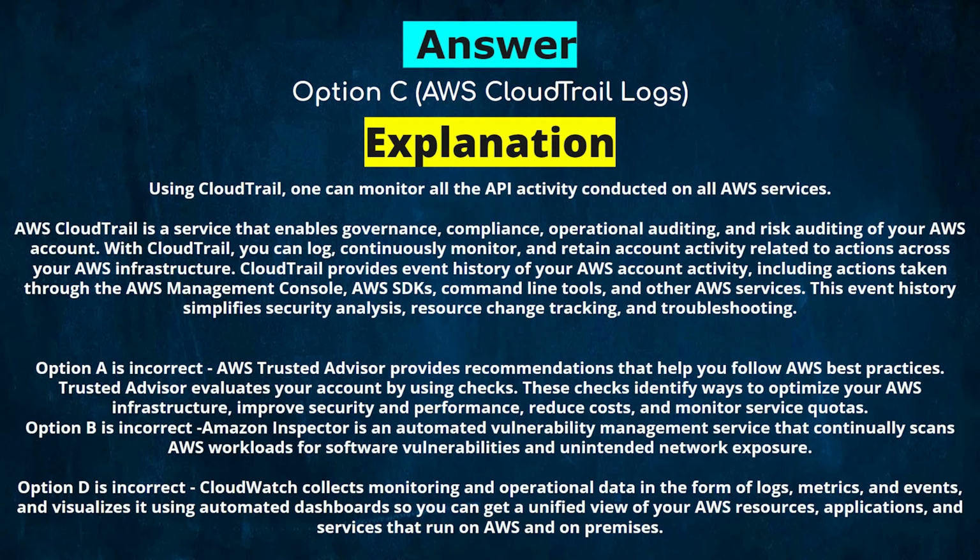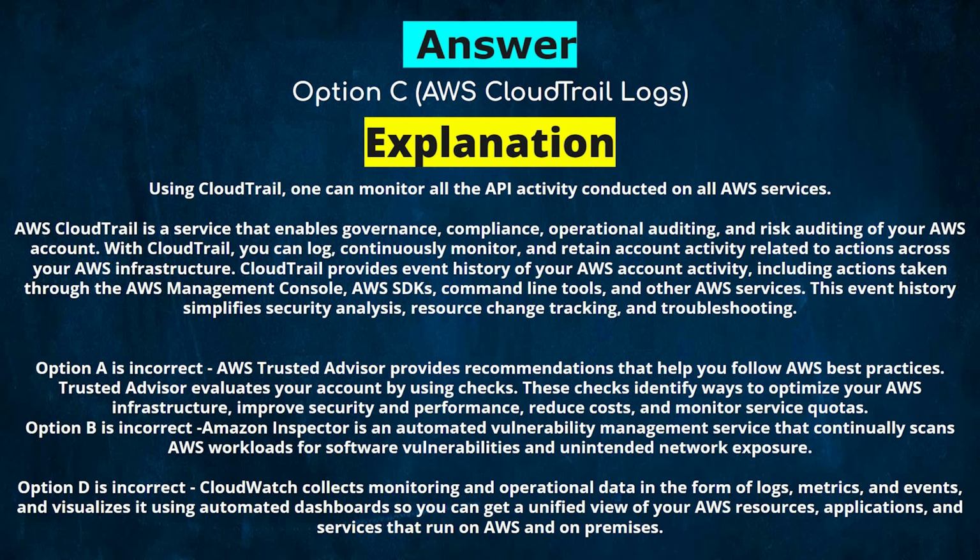Using CloudTrail, one can monitor all the API activity conducted on all AWS services. AWS CloudTrail is a service that enables governance, compliance, operational auditing, and risk auditing of your AWS account. With CloudTrail, you can log, continuously monitor, and retain account activity related to action across your AWS infrastructure.